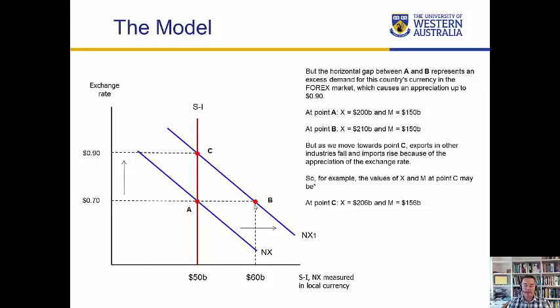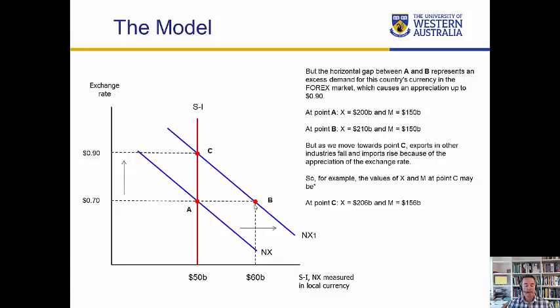Now, that excess demand will cause the exchange rate to begin rising until we get to the new equilibrium at point C. What's going to happen in reality is the economy is going to move from A to C very quickly. So it's not going to move from A to B then C. It's just that in economics, we like to break down these complex movements into steps and explain each step so that it's very clear what's going on.